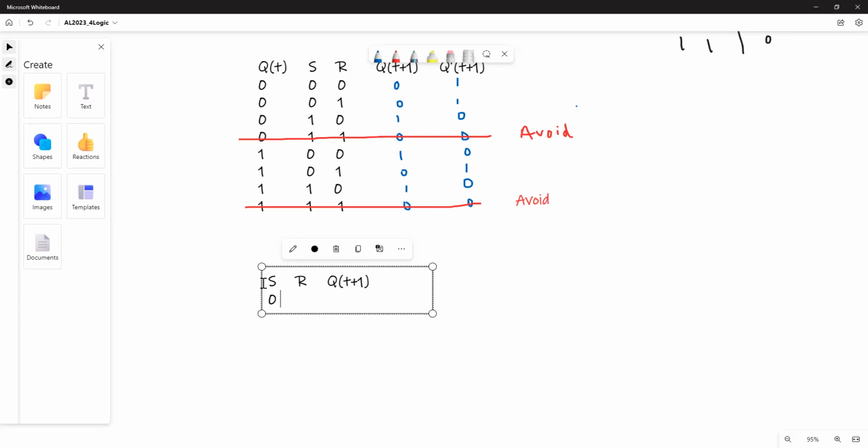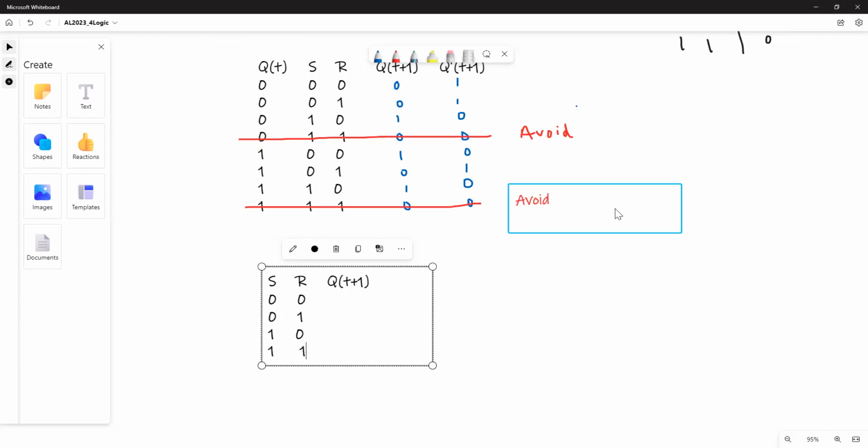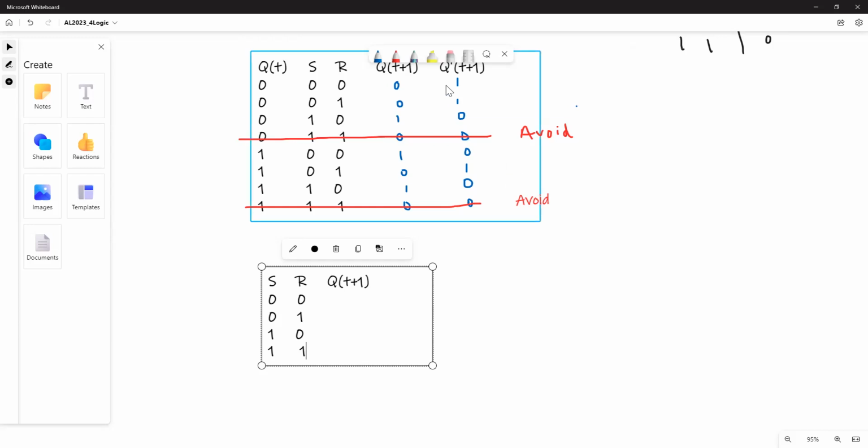Now, when you have two inputs, we know we have four states. Now, can you tell me what is the output when you have the input 0, 0? Look at only 0, 0 and tell me what is output. When SR is 0, 0, you look at here, Q is 0.